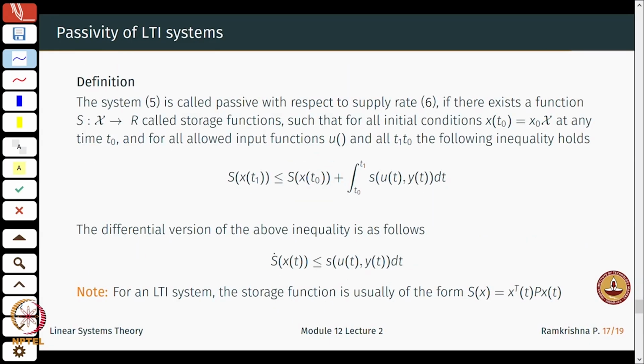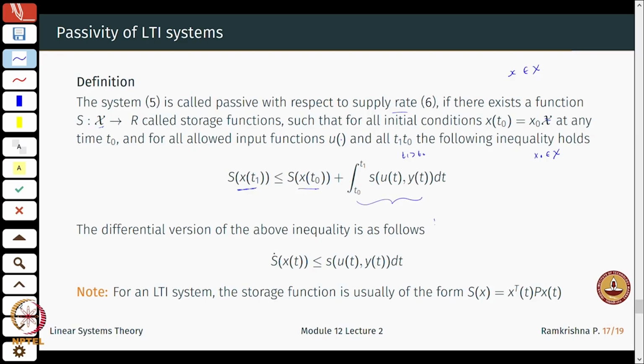The system is called passive with respect to some supply rate, which is actually the physical supply, say some power supply, if there exists a function called the storage function, where x belongs to the state space X, so that for all initial conditions x at t0, and for all allowable input functions, and for all t1 greater than t0, the following inequality holds: the value of the storage function at time t1 is less than or equal to the value of the storage function at time t0 plus some supply rate.